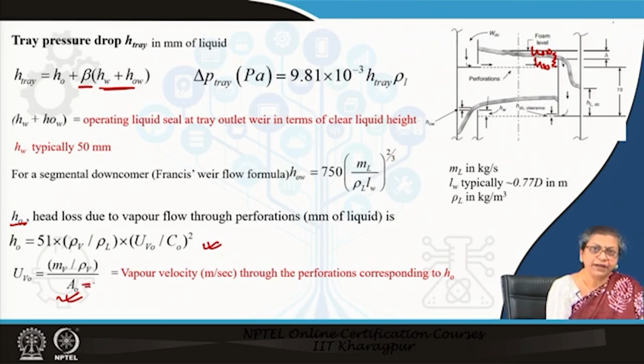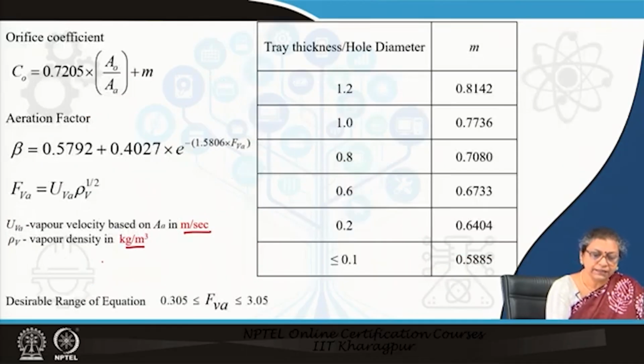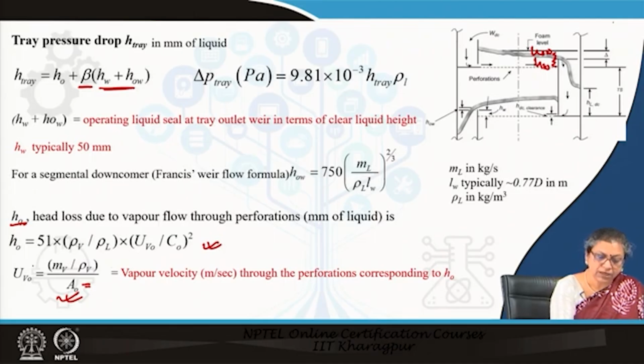AO, you know how to find out. So, if you substitute all of these, you will be in a position to find out HO, and all this, HO, HW, HOW. HW, as I have told, is typically 50 millimeters. For finding HO, you need UVO, which is there.